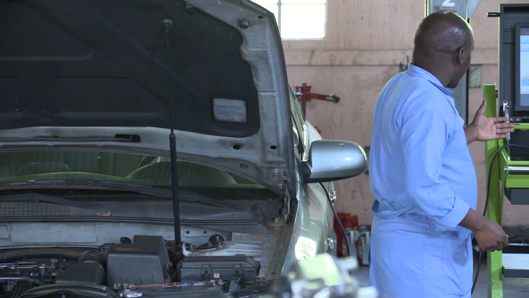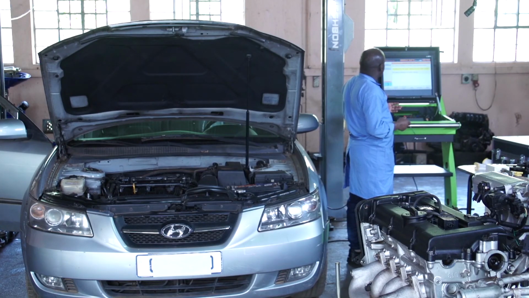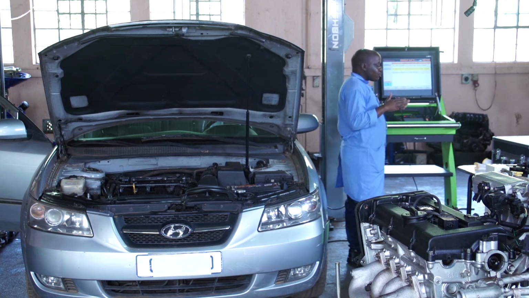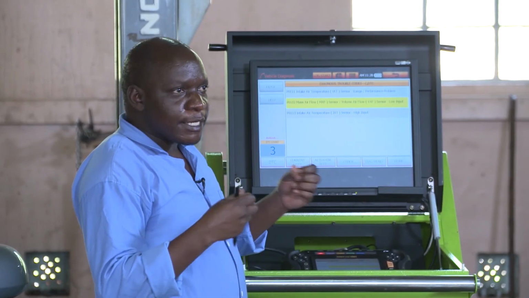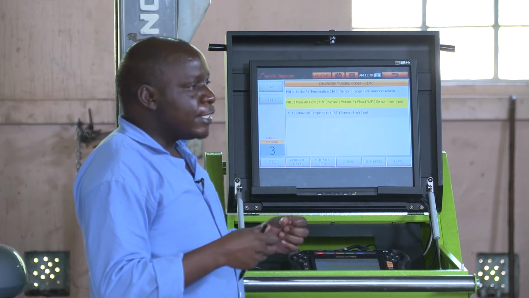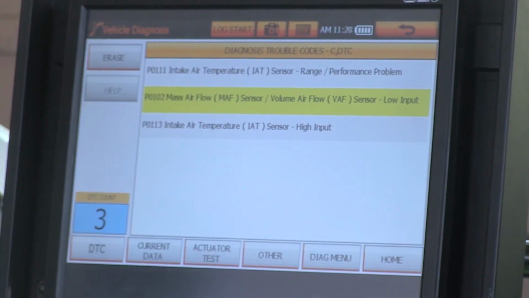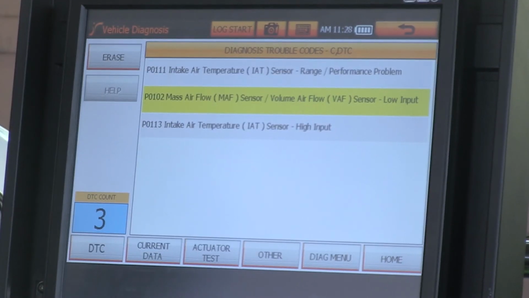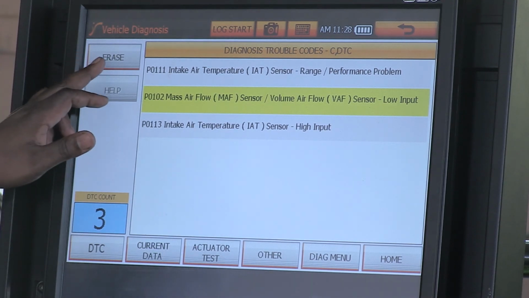So after fixing the problem, the ECU, electronic control unit, will keep saving that the mass airflow sensor and intake air temperature sensor still have a problem. With the scanner, that is why we have to erase those codes, okay?